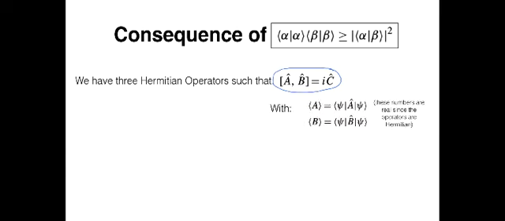And now we are going to write the expectation value of A for the state psi written in the usual way, and same for B. And these are of course real numbers. These are expectation values of a Hermitian operator. Remember, Hermitian operators only have real eigenvalues, so the expectation values are obviously also real.